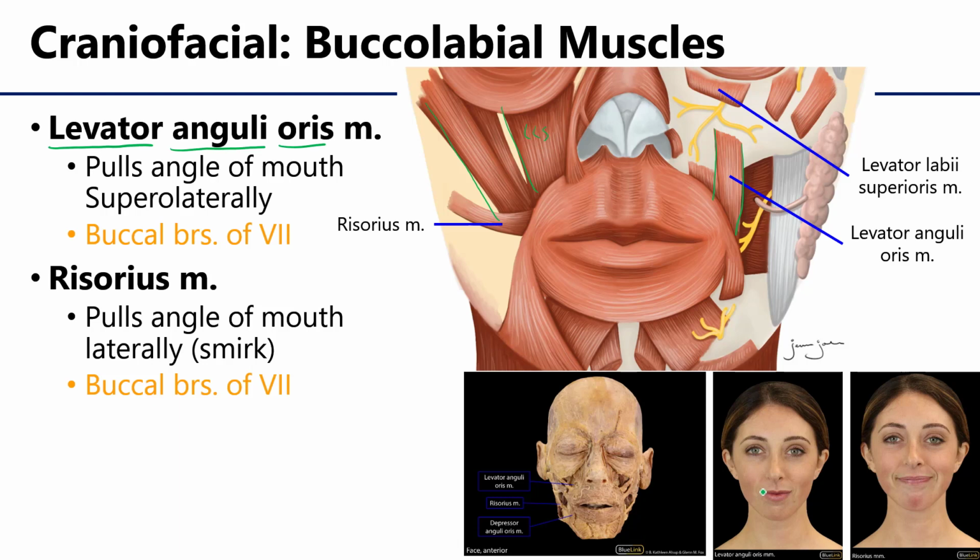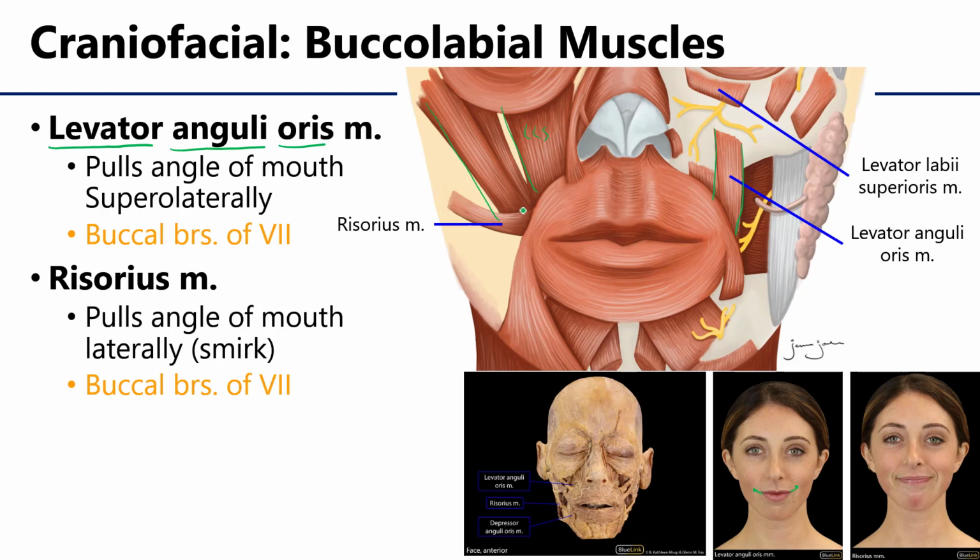So we can see here she has more of a devious smile this time because she's not really engaging many other muscles, but you can see it's a slight smile with levator anguli oris. Next up, this is one of my favorites, is the risorius muscle.